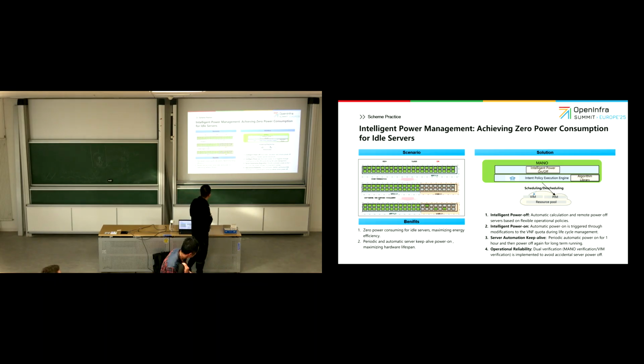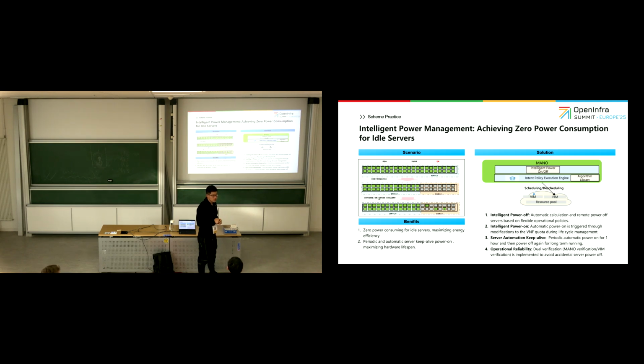Here is one example scenario: you have deployed your workload at the beginning, and you see that there is an idle server in your platform, then you can power it off.